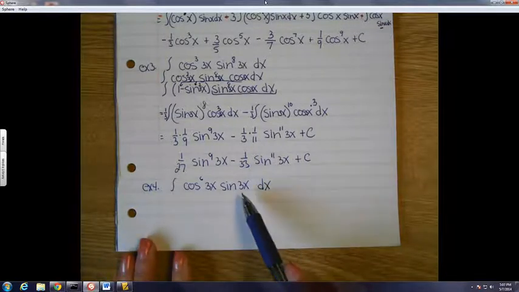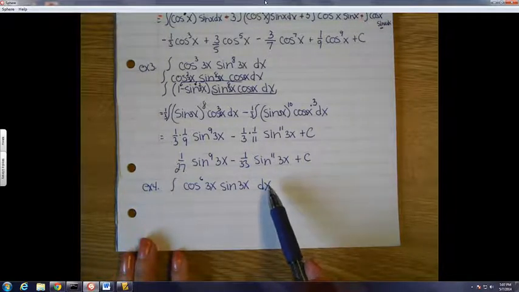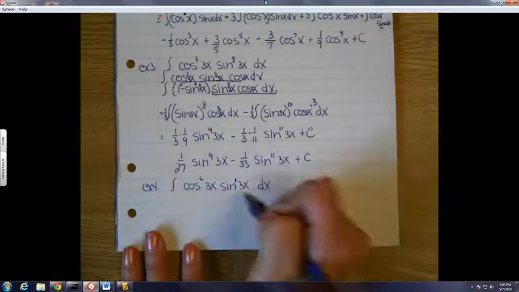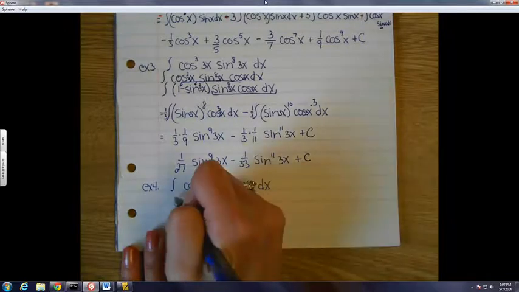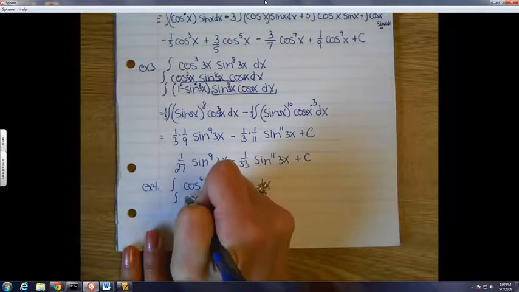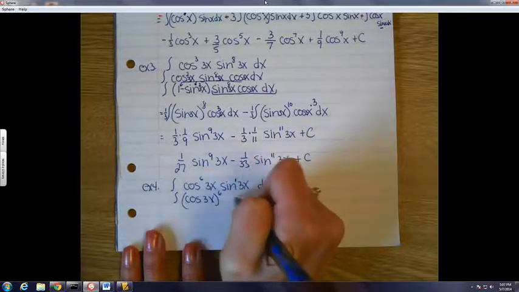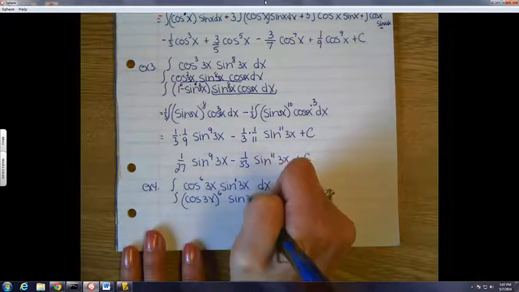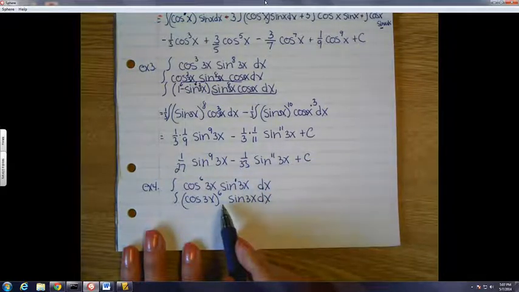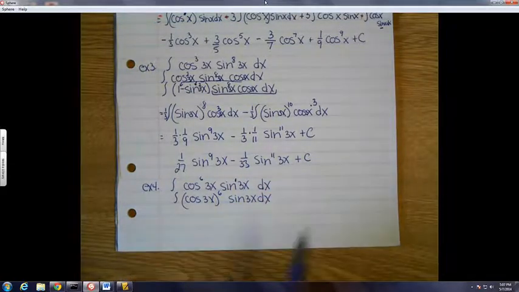So I guess that's telling you that it's ready to go right into power rule. Think of that as sine to the first. It's an odd exponent, slide it over there. Rewrite it so you can see the inside. I don't have any other sines to write to a power of 2, so I'm ready to go.